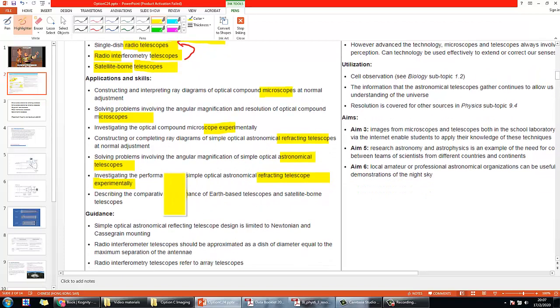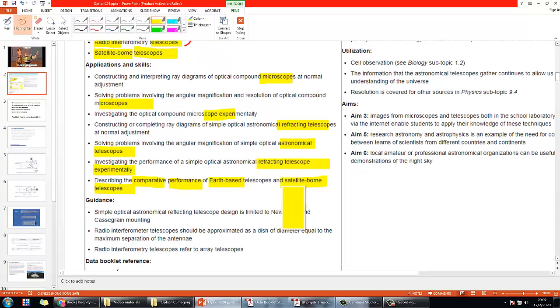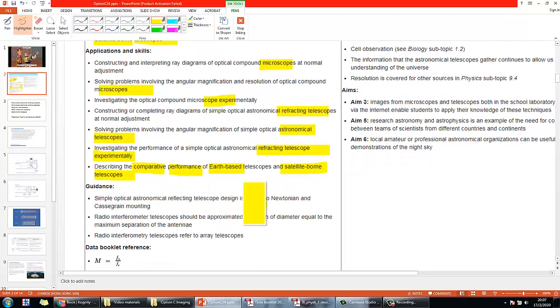One thing you need to learn is to compare the performance of Earth-based and satellite-borne telescopes, which we'll talk about in the second half of our video. We also have to learn the basic idea and design of the Newtonian and Cassegrain telescope.